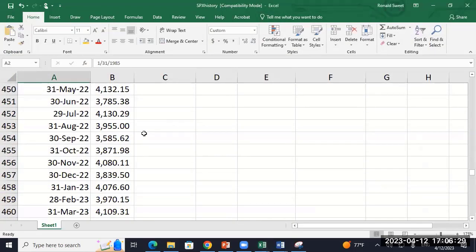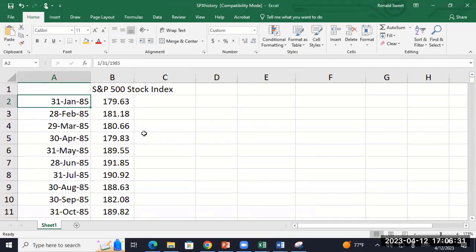I don't know why they did, but you can no longer get the S&P 500. If you look on Yahoo Finance and you ask for all the data, everything's there except for the download button. And if you copy and paste it, that doesn't work because the months are off. It gets really frustrating. So I've given you the data.